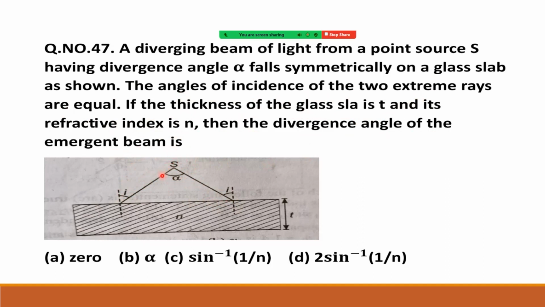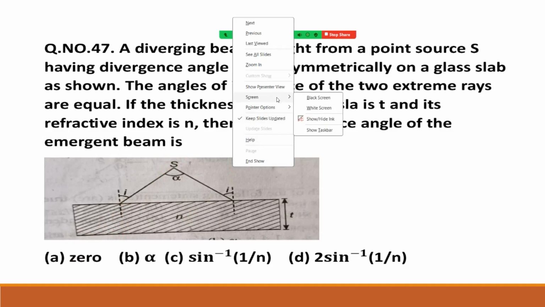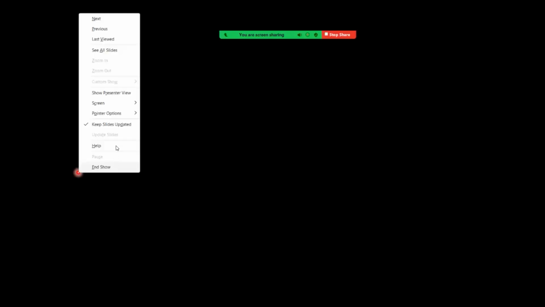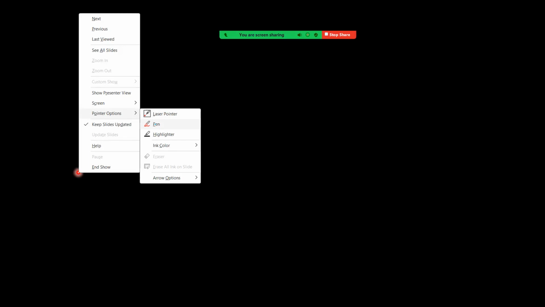So just now we have discussed when this light ray comes outside. I will draw a diagram once again. So let us make a diagram. This is now the slab. There is a point source.